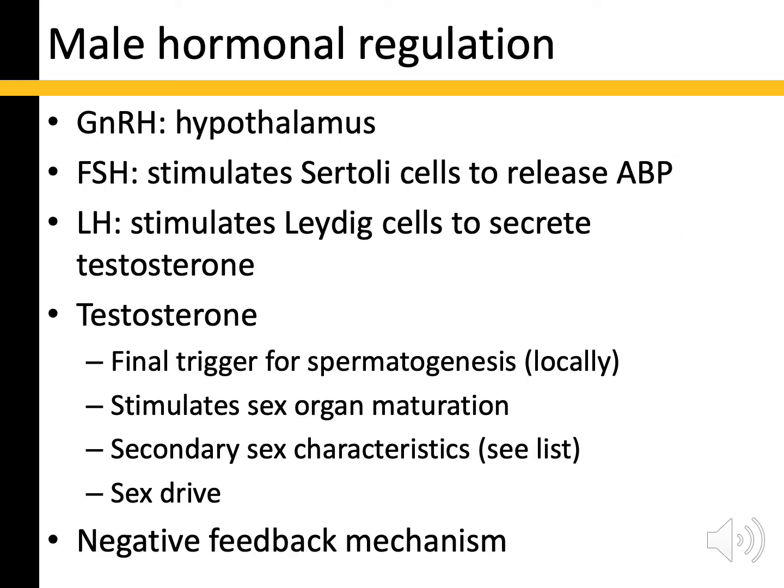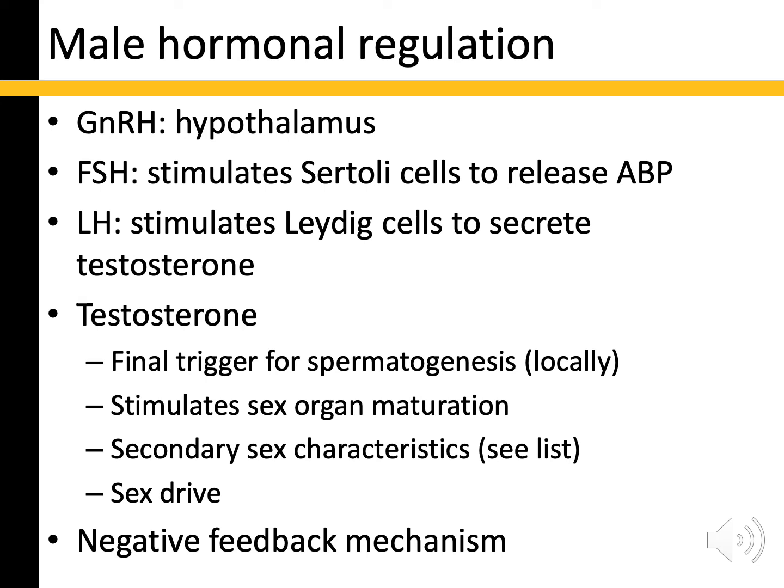Really, the last thing I want to talk about here is the hormonal regulation of the male reproductive system. And really what we're talking about here is the regulation of sperm production. That's the major reproductive process that males undergo, that continual production of sperm.